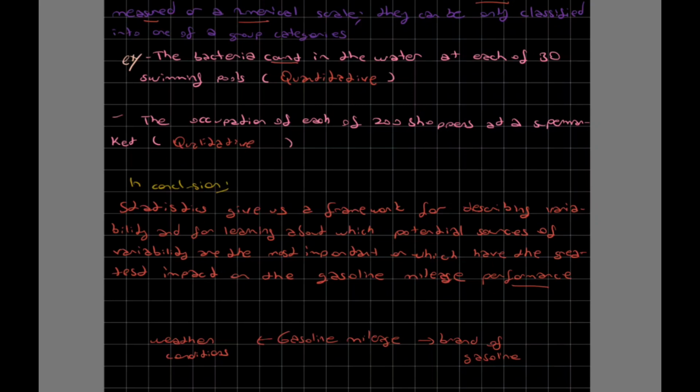Gasoline mileage can be affected by weather conditions and brand of gasoline. So whatever your topic in statistics, it can be changed to a variable. Our aim is learning about which potential sources of variability are the most important or have the greatest impact on anything.